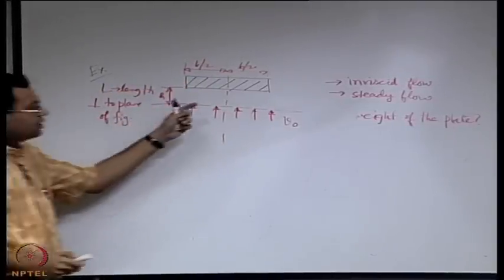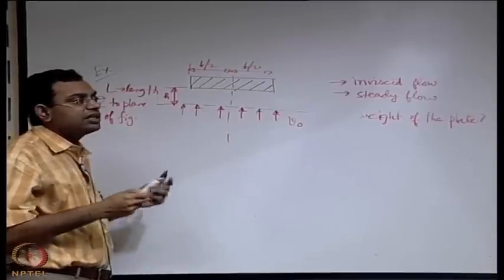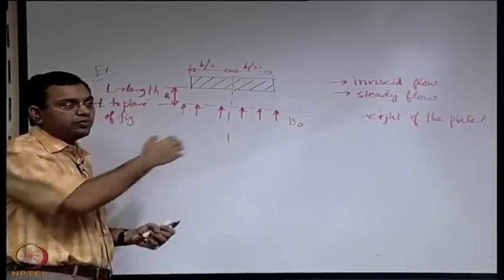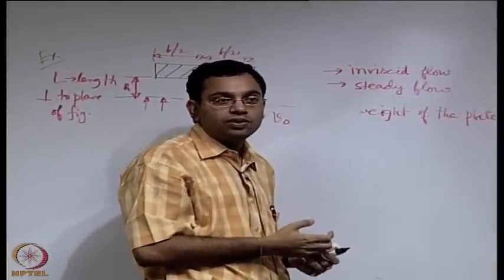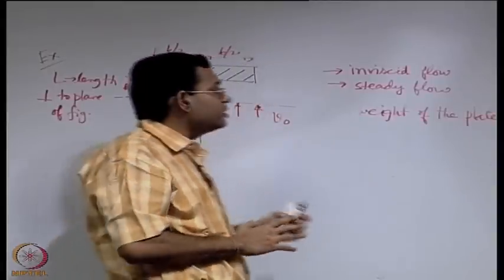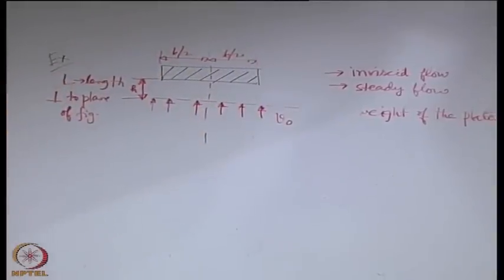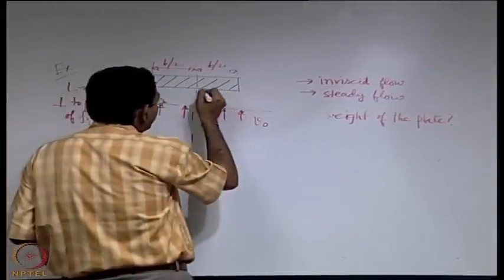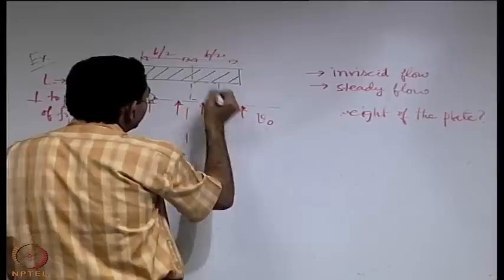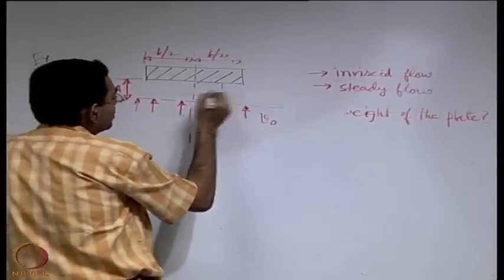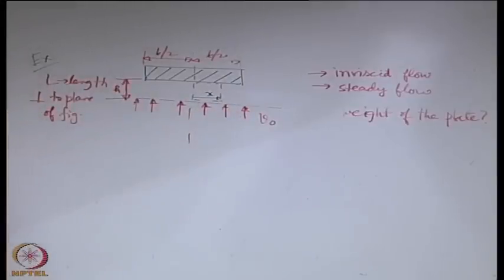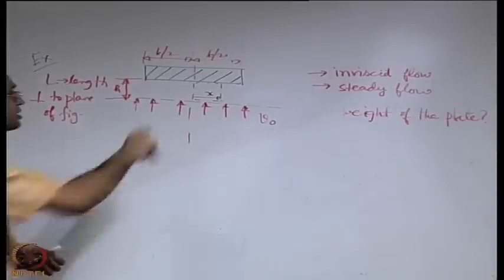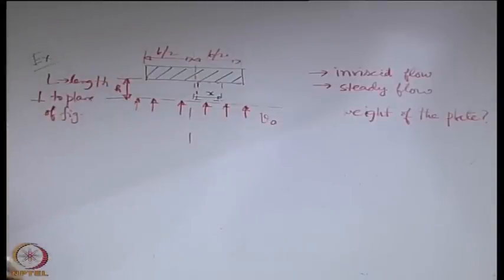When we do that, the first thing is we need to find out how the velocity varies, because for any type of calculation that we have seen involving the kinematics or even the dynamics of flow, the velocity field is very important. So from this given consideration we have to find out the velocity field. If you recall, we earlier considered a distance x from one end, and we found the rate of flow entering and the rate of flow leaving this control volume, which is marked by the dotted lines.